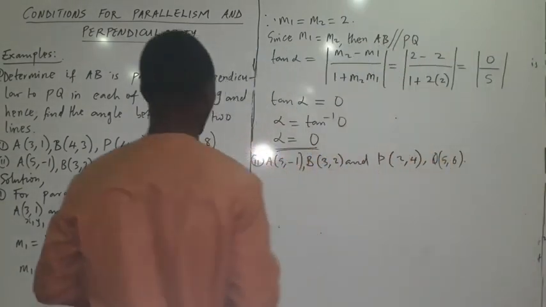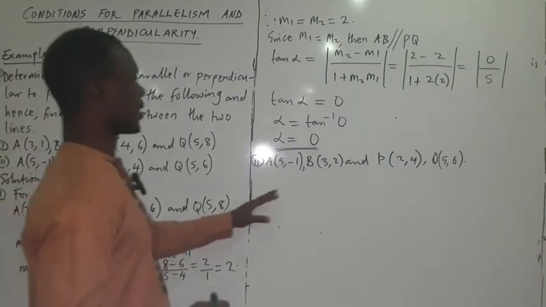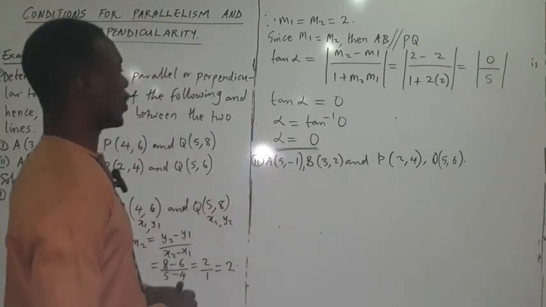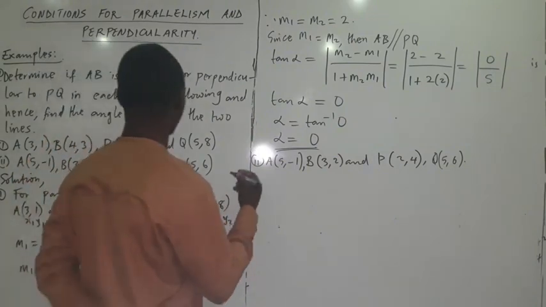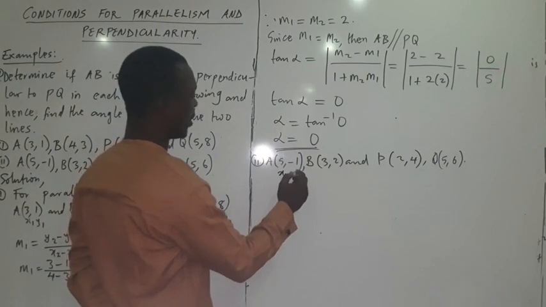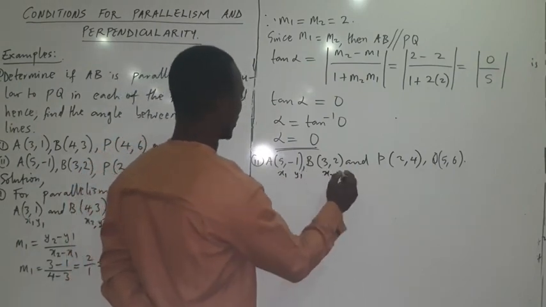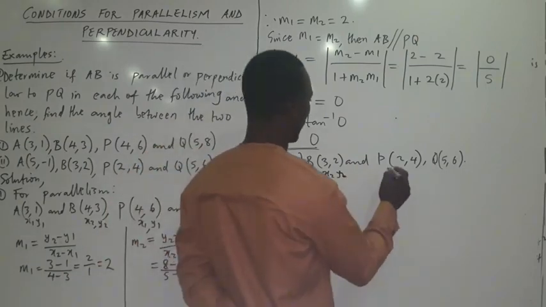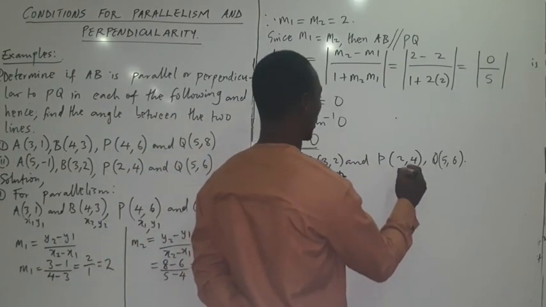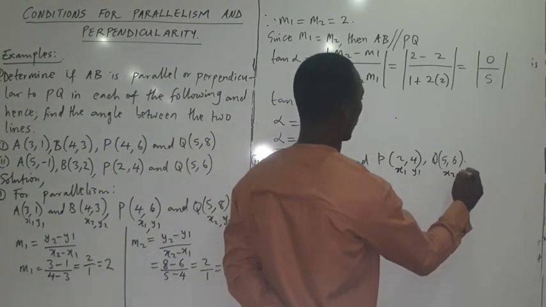Just like the first question, we are going to determine whether the two lines are parallel or perpendicular to each other, using the gradient. So we have x1, y1, x2, y2 from line AB, then from line PQ, x1, y1, x2, y2.